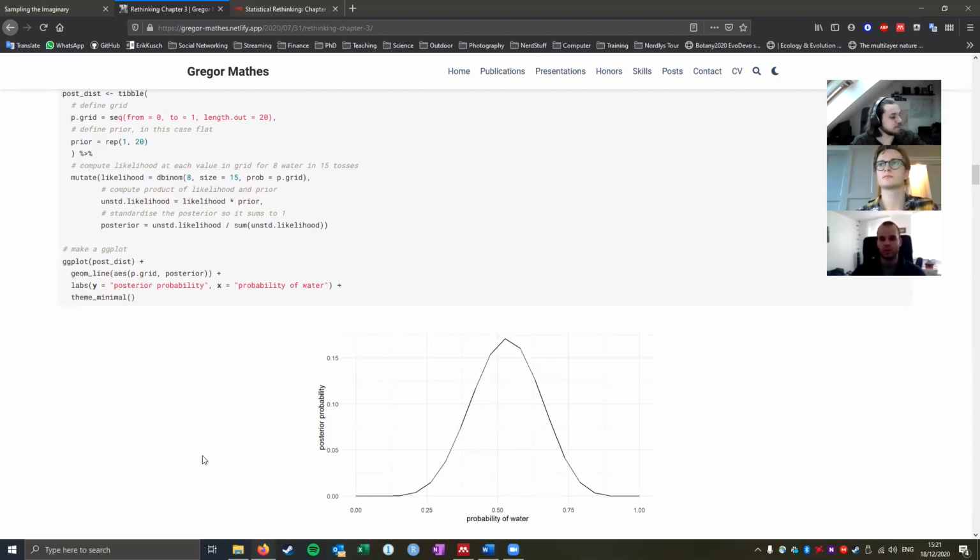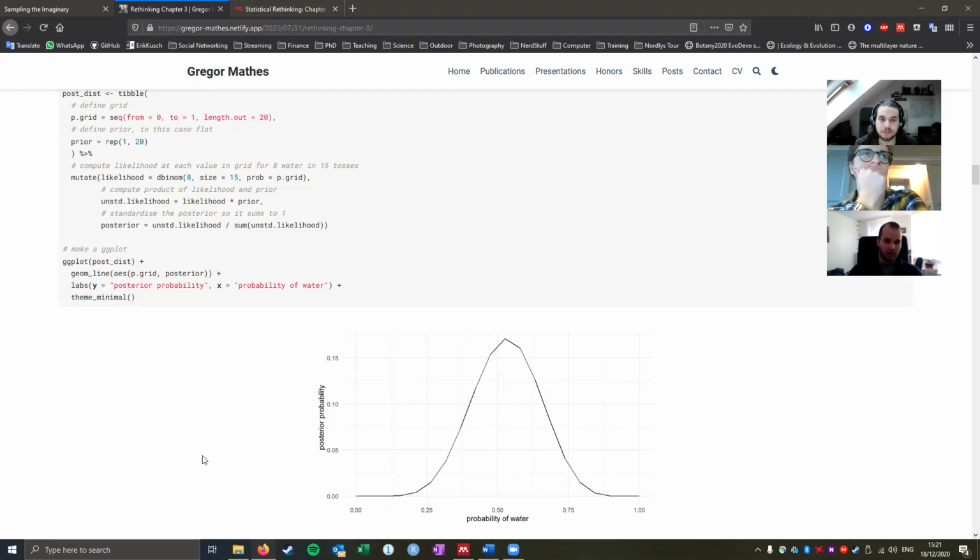And I'm using 20 grid points; I've seen 1000 grid points used, it basically makes the difference. And I was using a flat prior, so just repeating 1 for the length of the grid or the number of grid points. So in this case 20.